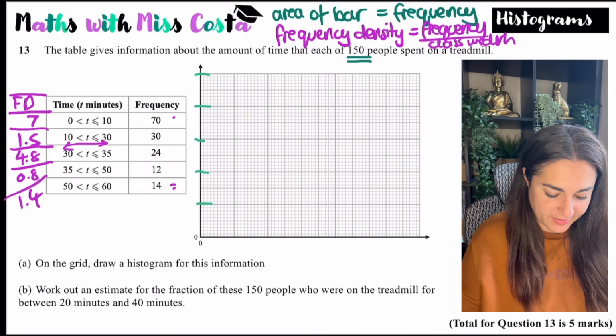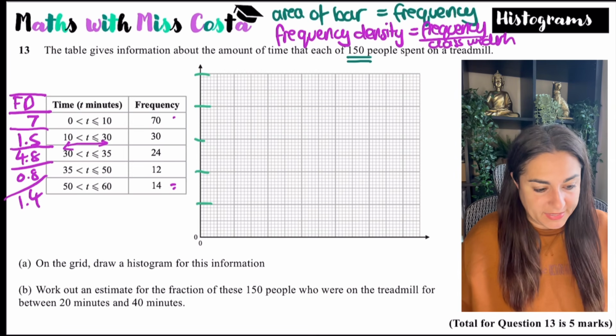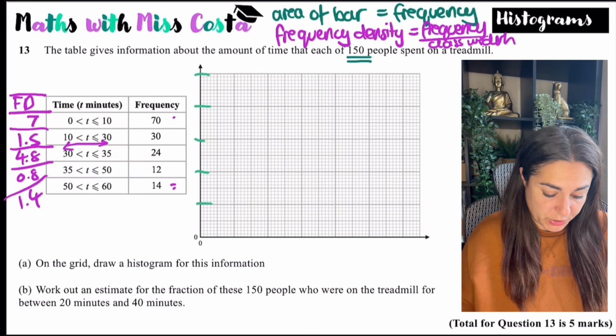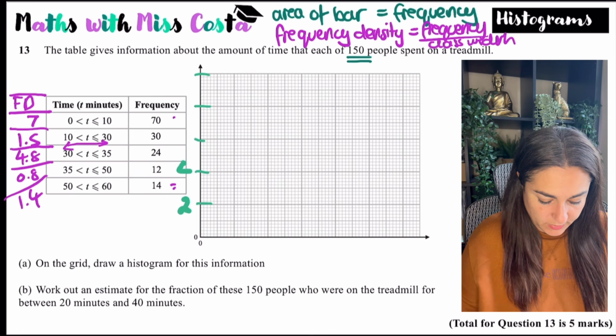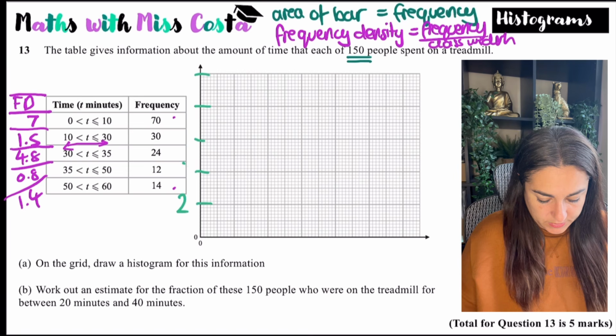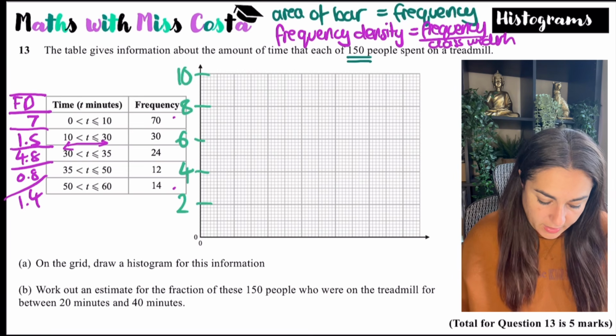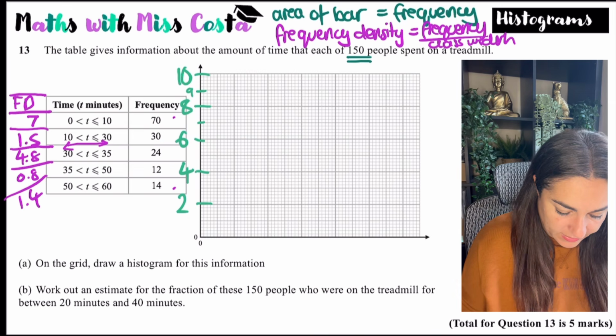Oh, that would have been a really nice little one. Okay, so 7 is the highest value, so that must mean that my scale must go up in 2s. So that would be 2, 4, 6, 8, 10. So halfway would be the odd numbers.